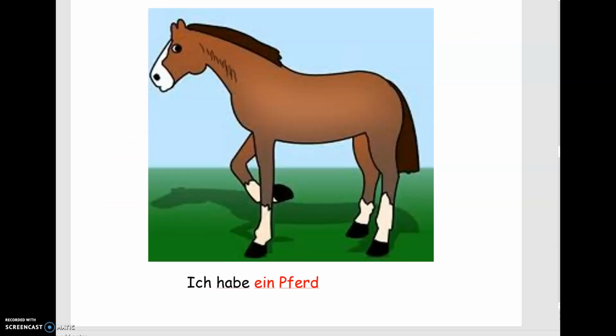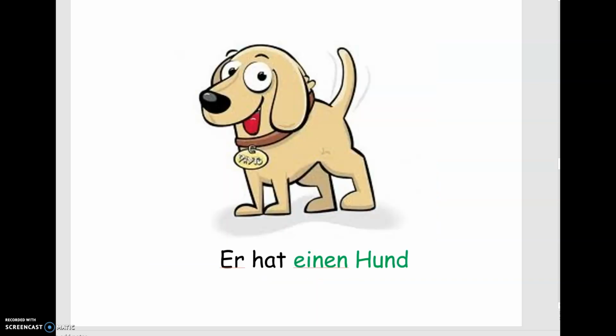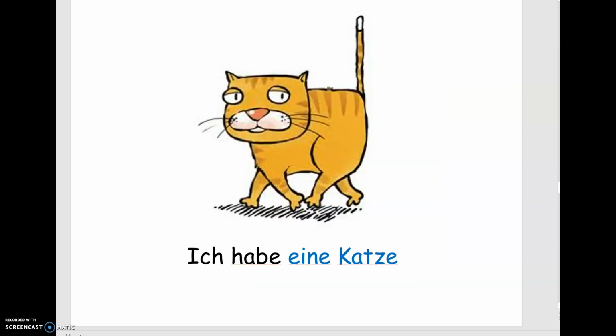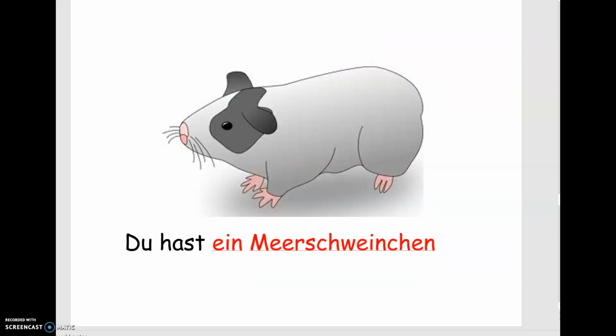Entschuldigung. Next, okay, so this is how it looks in a sentence. Ich habe ein Pferd, ja? Er hat einen Hund. He has a dog. Sie hat einen Goldfisch. She has a goldfish. Ich habe eine Katze. I have a cat. Du hast ein Meerschweinchen.